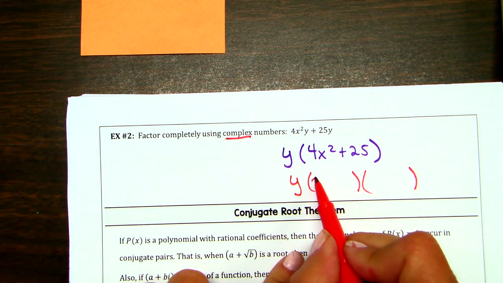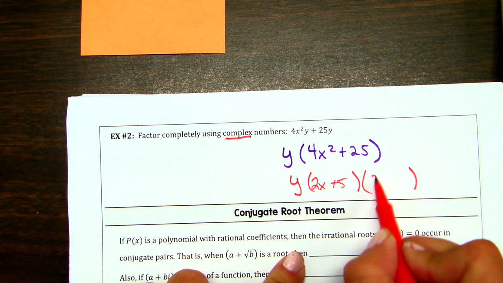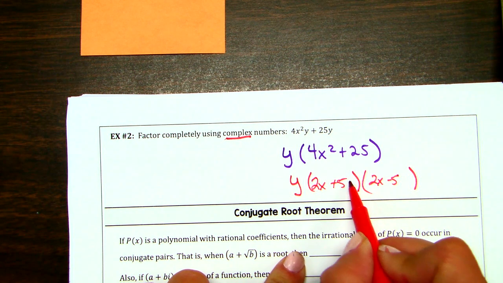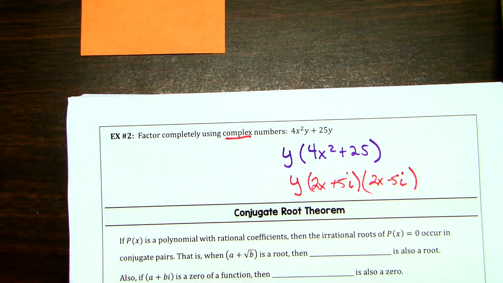So we'll have 2x plus 5, 2x minus 5 with an i on the second number. That's it. Done. Factored. Okay? Do we get it? The trick? Yeah? Question? We'll do one more in a minute.